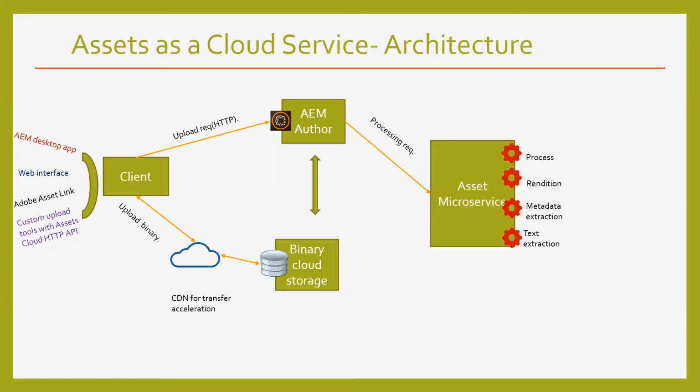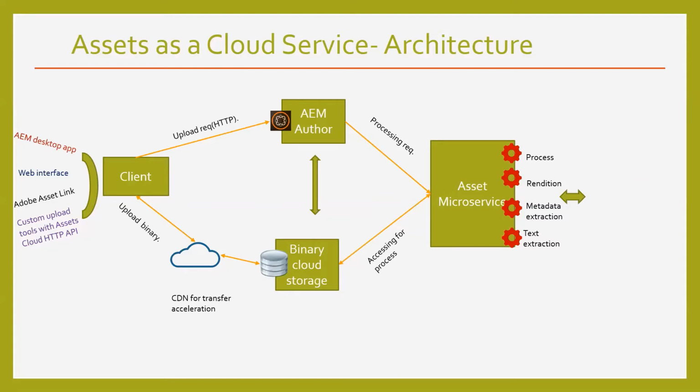Once the upload is done, the cloud storage informs this to AEM, and AEM then sends a processing request to Asset Microservice. As you can see, Asset Microservice has various service capabilities like processing, creating renditions, metadata extraction, text extraction, etc. Now the Asset Microservice accesses the binary for processing. Once processing is done, Asset Microservice notifies this to AEM.